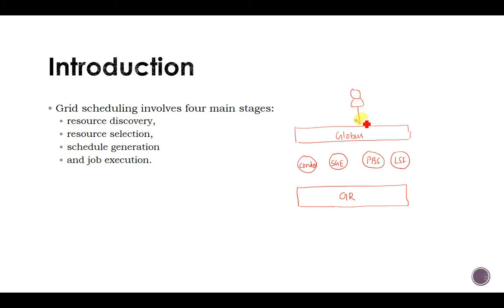The user supplies the job to the Globus Toolkit. Globus Toolkit passes the requirement to the resource management and job scheduling systems, which contact the grid resources, find what resources are available, and assign those resources to the user's job. This is the fundamental idea of scheduling.